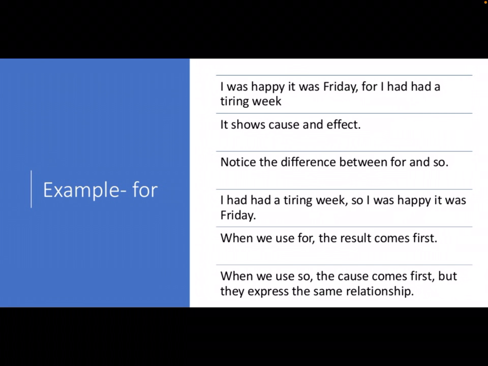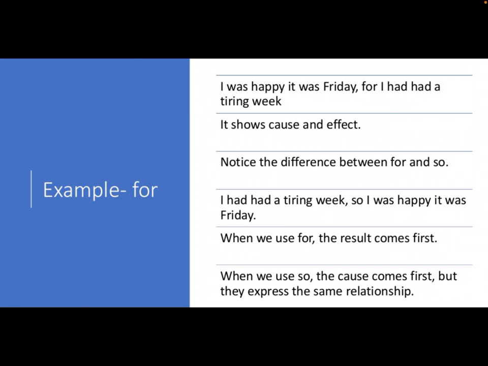When we use for, the cause comes first. And when we use so, the result comes first. They express the same relationship. So this is very important to know, the difference between for and so.